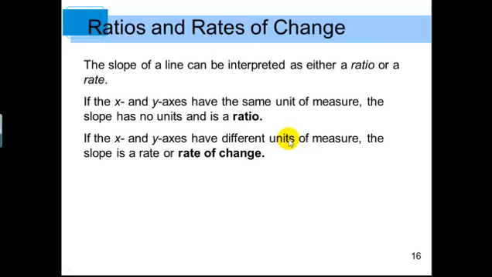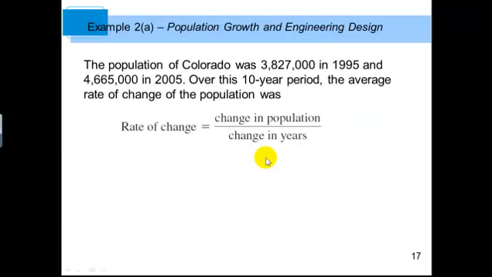So that's ratios and rates of change. And what do they mean? Well, what does it mean when you find them? If they have the same unit of measure, it's a ratio. If they have different units of measurement, it'll tell us the rate of change. Here's an example of one with different units. Colorado had 3,827,000 people in the year 1995 and 4,665,000 people in 2005.